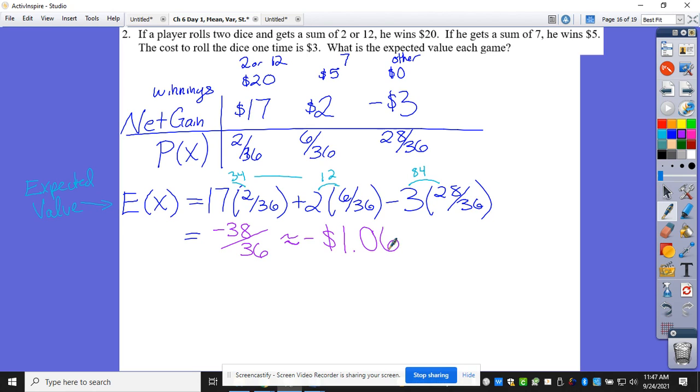Which on the opposite side means in the long run, like in a day's work, what does that mean for the business about people playing this game? By the end of the day, on average, they made $1.06 every single time anybody plays this game. So like in anything that ever exists, this is the background to it.